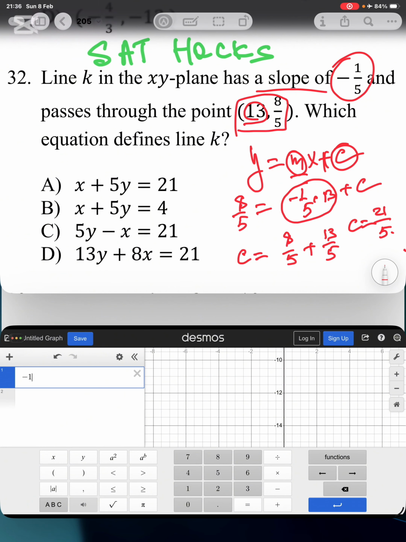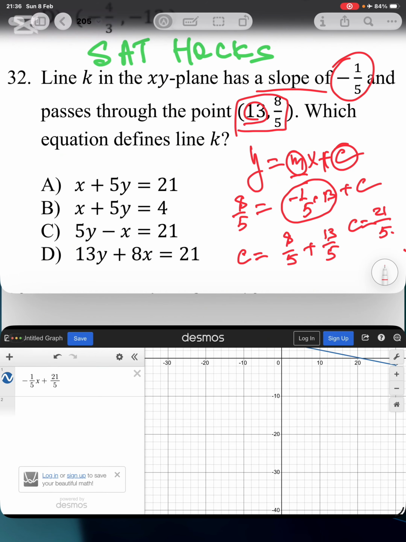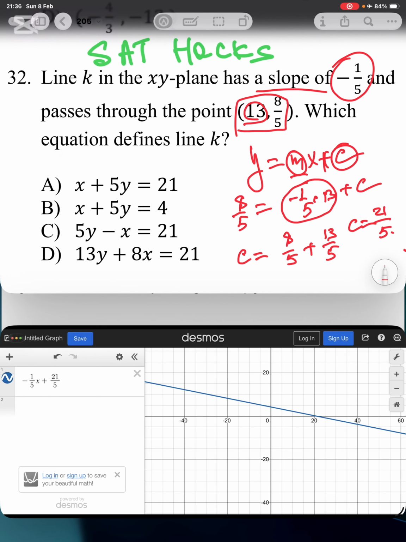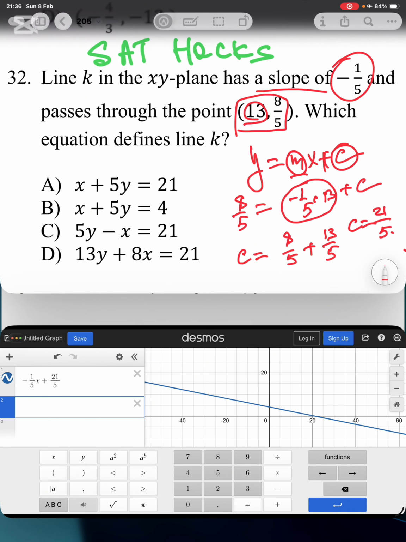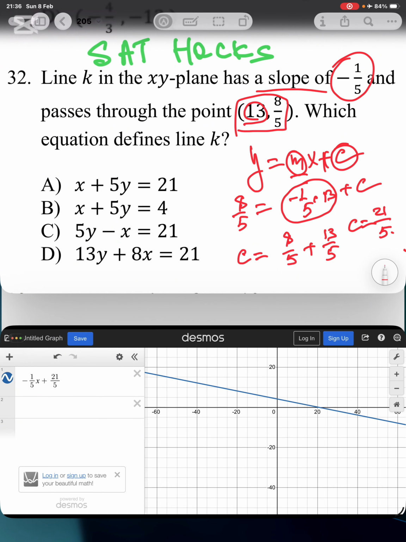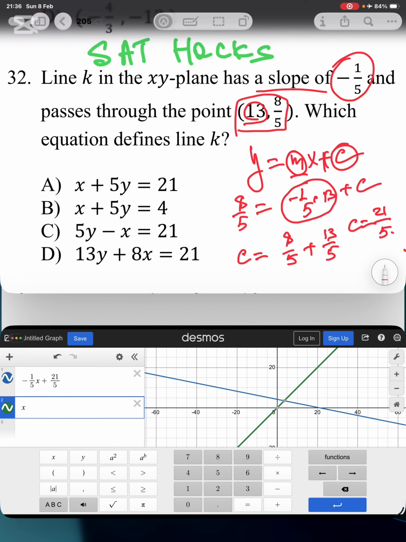So it's going to be 1 divided by 5 x plus 21 divided by 5. Now decimals can create our graph right now, right? But we'll have to simply find an equation of the line. In this case, let's write down the value of these expressions, 5y plus 21. Okay, be close to 21.